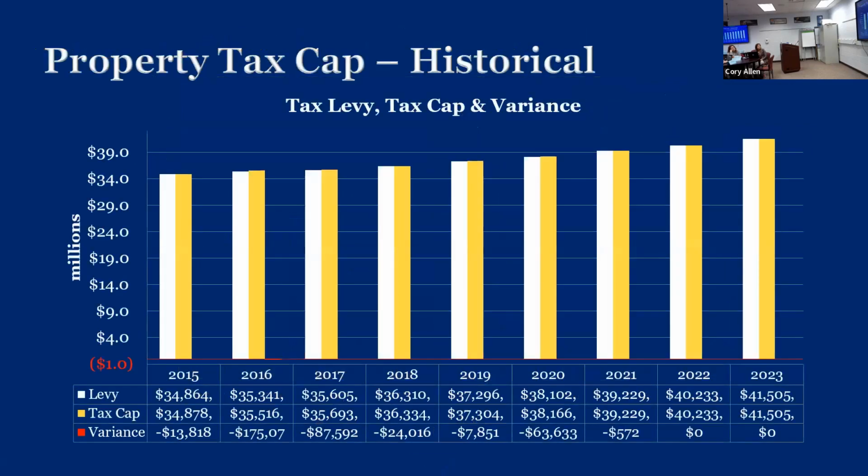Same information, but in dollar form, showing what the levy was set at versus what we could have gone out with, and then the variance. So 21, 22, and 23 are all really at the max allowable levy limit. And even with that, we're still using reserves to help subsidize our overall budget.